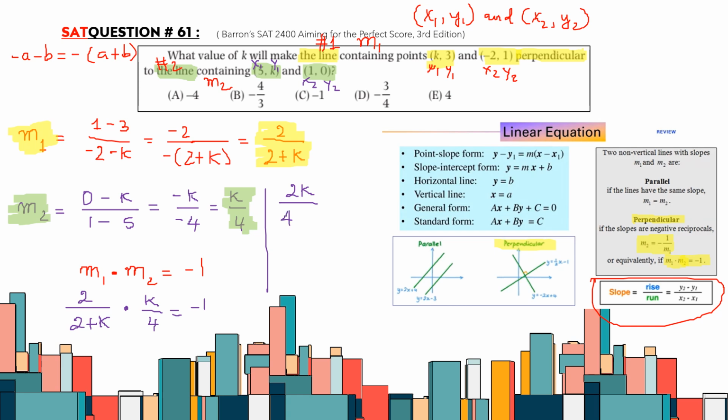We have 4 times 2 plus k at the bottom, equal to -1. 4 is 2 times 2, right? So we cross out a 2 at the bottom and a 2 at the top. We have k over 2 times 2 plus k equal to -1.